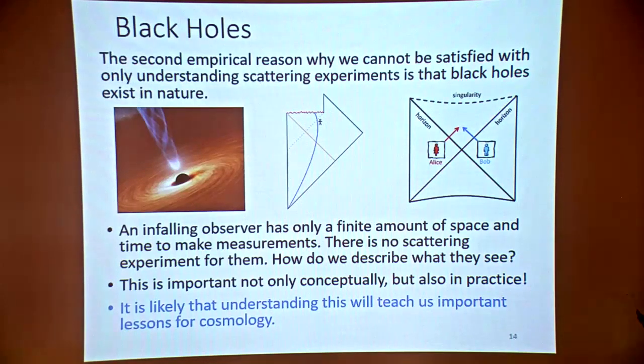I'd like to emphasize that, at least to me and to many of you, I think, it is very likely that understanding this will teach us important lessons for cosmology. This is both because this infalling observer setting experiences a space-time which is fairly similar to a cosmological background, and also because recently there is an argument that maybe consistency of quantum gravity requires the horizon of black holes to be singular.